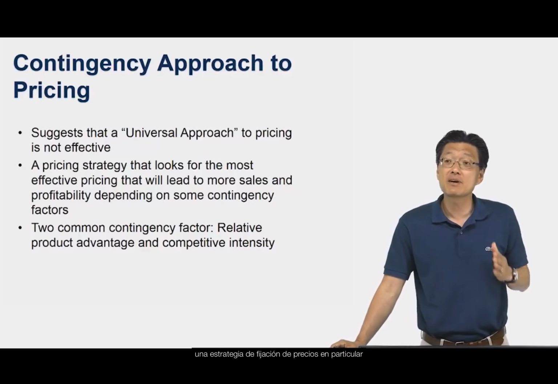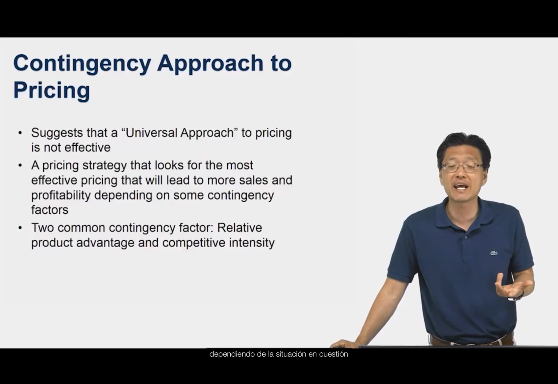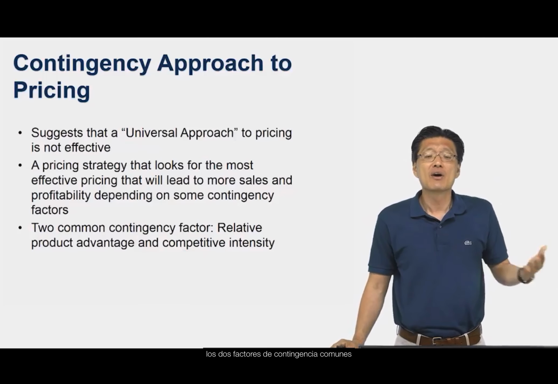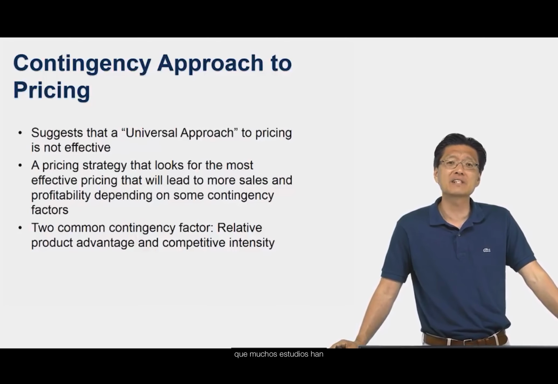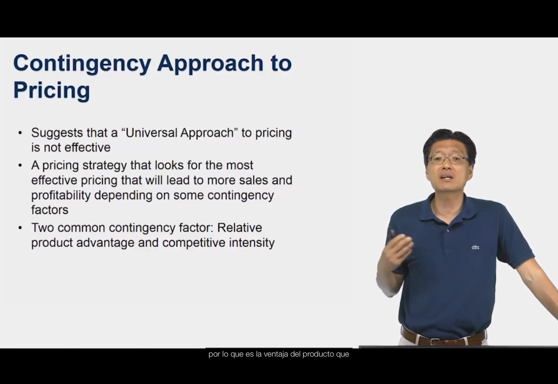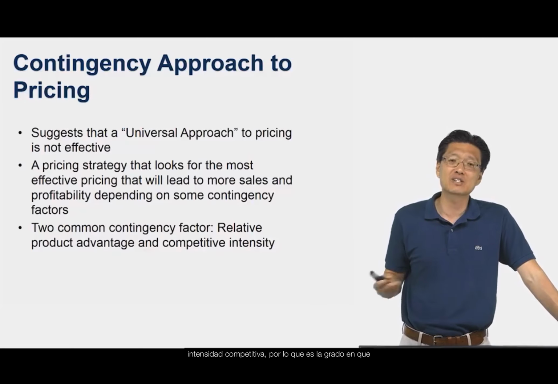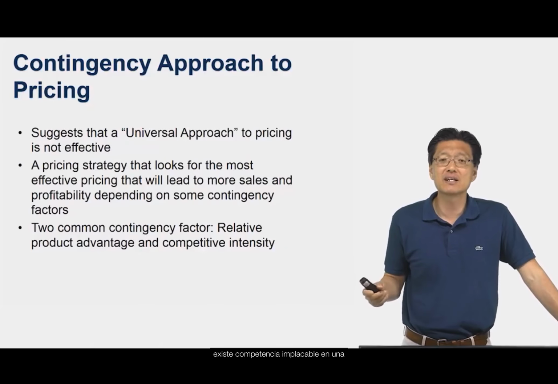a particular pricing strategy may be effective to different degrees depending on the situation at hand, depending on the condition at hand. The two common contingency factors that a lot of studies have looked at are relative product advantage, which is the product advantage that my product has relative to the competition, and then competitive intensity, which is the extent to which there is cutthroat competition in a given industry.